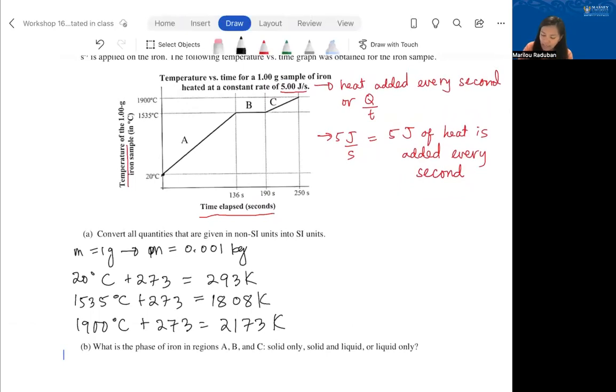And as heat is added over this time interval, you can see that the temperature of the iron increased from 20 degrees Celsius to 1,535 degrees Celsius. So in this region, region A, do you think the iron is solid only, solid and liquid, or liquid only?